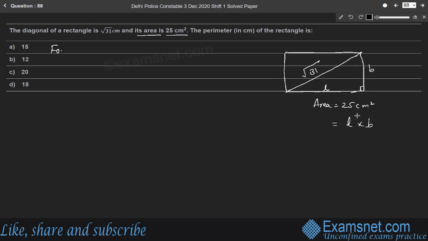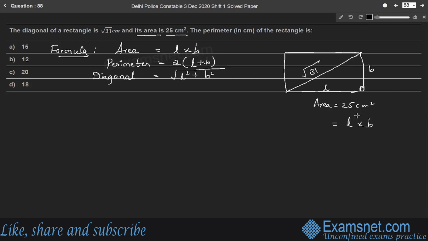So the formulas to be used here are: area of the rectangle is equal to length into breadth, and perimeter, which is to be calculated here, is 2 times length plus breadth. And what is the formula for the diagonal? According to the Pythagoras theorem, for a right angle triangle, the diagonal is square root of the sum of the squares of the other two sides, that is L square plus B square.